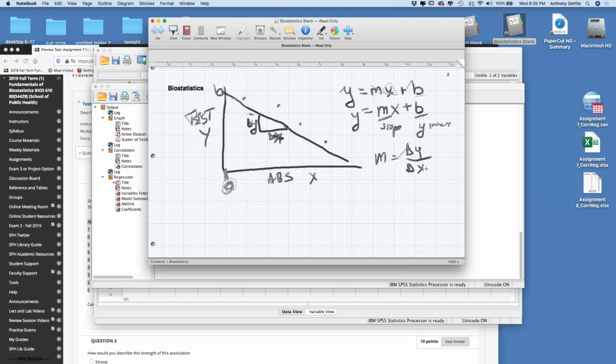If the slope is equal to 3, that means that if x increases by 1, then y must increase by 3. And if x increases by 2, y increases by 6. In other words, the slope tells us that relationship. In this case, it would be a negative relationship, but this is just in general what the slope really means.